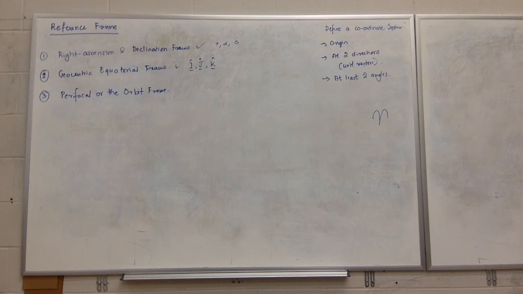I'll explain exactly that. This is the origin. This is one direction, x. And the other direction we define is k.